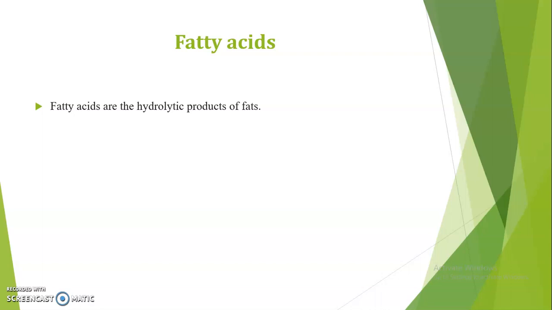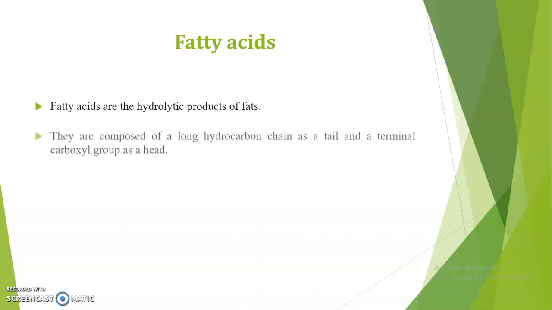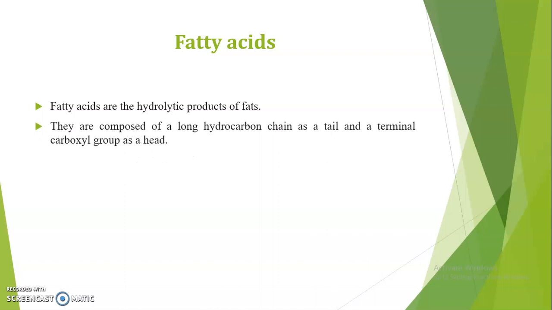Fatty acids are hydrolytic products that are obtained from the fats. They are composed of a long hydrocarbon chain as a tail and a terminal carboxyl group as a head. As we have discussed, fatty acids consist of a hydrophobic region in the form of the long chain or tail, and also a hydrophilic portion in the form of the carboxylic group.